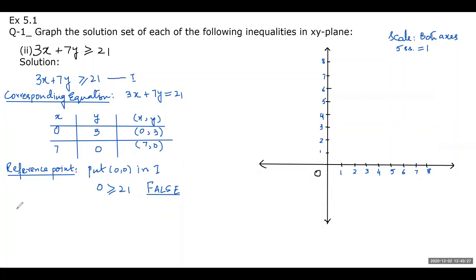We get the result that the origin does not lie in the solution region of 1. That is, this origin does not satisfy this inequality.